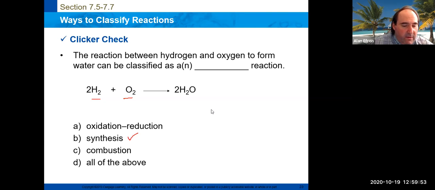We have 0 oxidation state, 0 oxidation state, +1, -2, so it could be a redox reaction. And technically speaking, it's got oxygen, so it could also be a combustion. So it would be D in this particular case as a possible answer. Any questions on that?